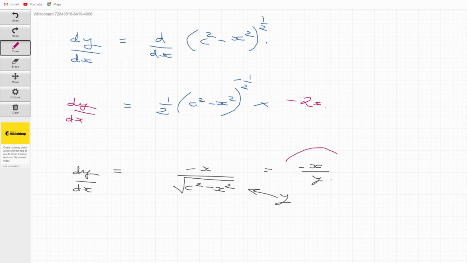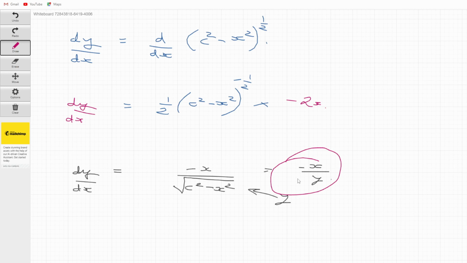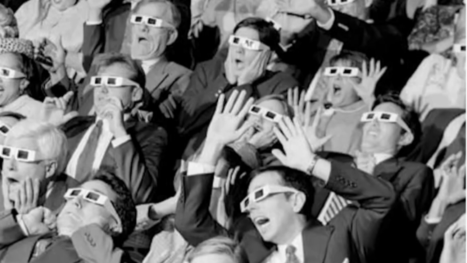And I wanted to mention that I'm pretty sure Richard Feynman said something about integrals or differential equations. He said they're really easy to do as long as you know the answer. And I think that's really applicable to differential equations. But in this case, I felt like we were able to complete the circle. We figured out that a circle would have a differential equation of dy by dx equals minus x over y.